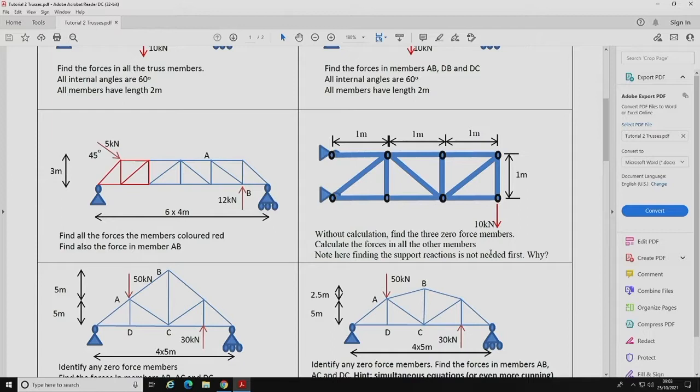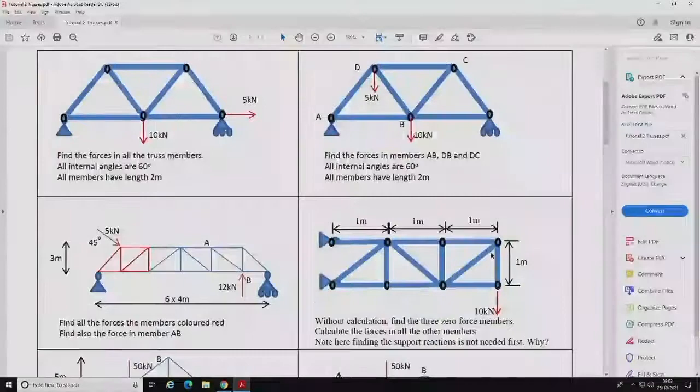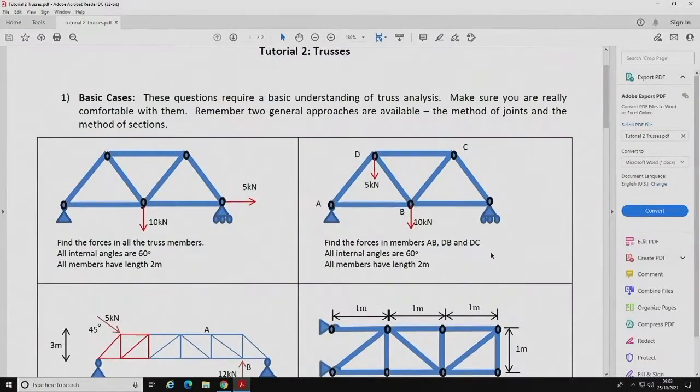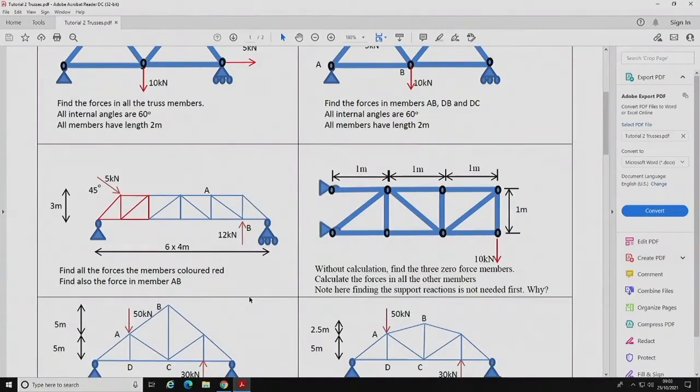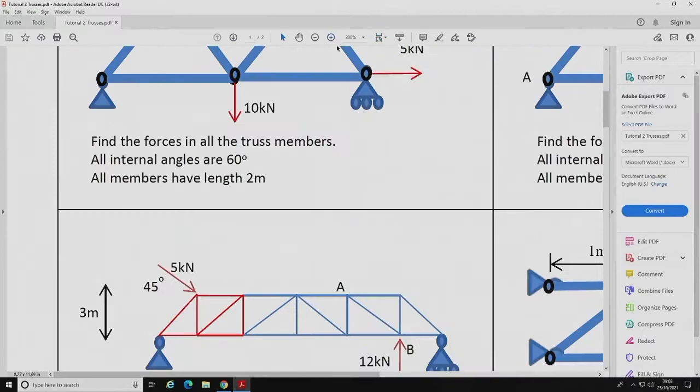So let me look at a few problems. First of all, I think we did problems 1 and 2. Problem 3 is looking at that truss. Let me make it a little bit bigger.